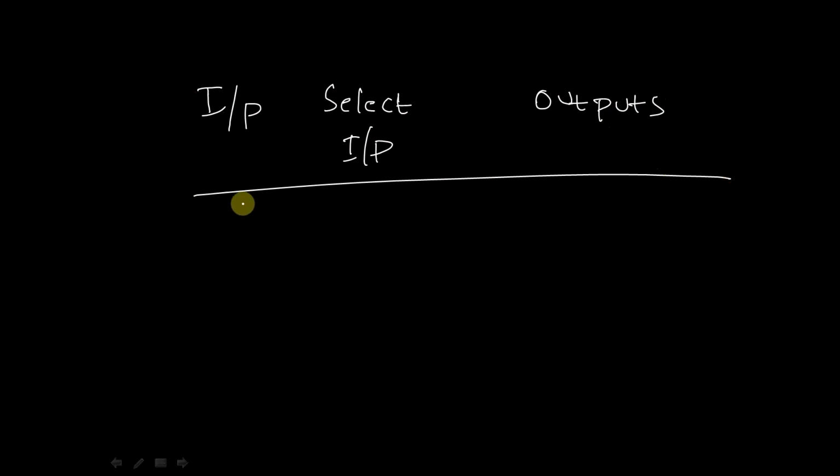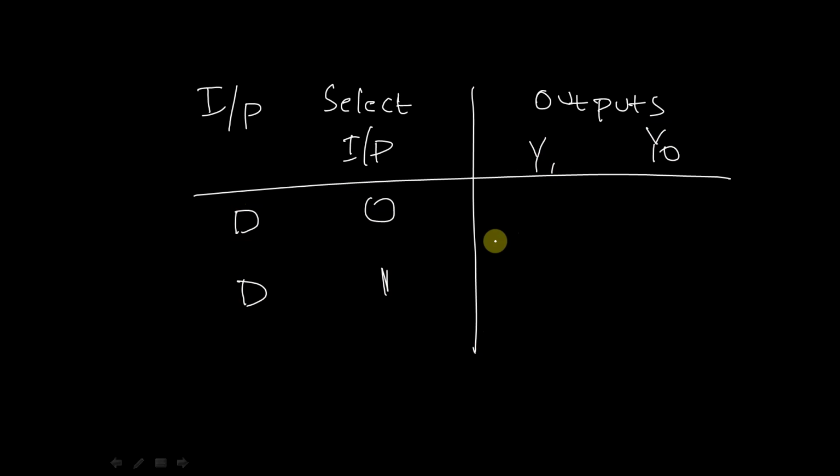The input is D, and the select line is either 0 or 1. We have two outputs, y1 and y0. If the input is D and the select line is 0, then y1 is equal to 0 and y0 is equal to D. If the input is D and the select line is 1, then y1 is equal to D and y0 is equal to 0.